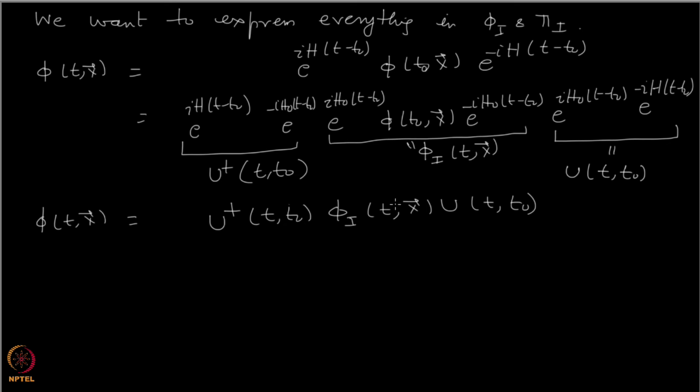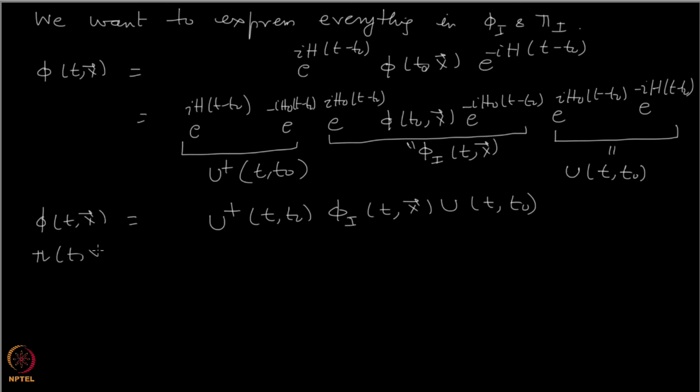So we have not really gotten what we wanted to, but then you will see that I can express U also in terms of phi_I's, okay, and that will solve our problem, and we will be able to express phi completely in terms of phi_I's. Okay, so let me write here.